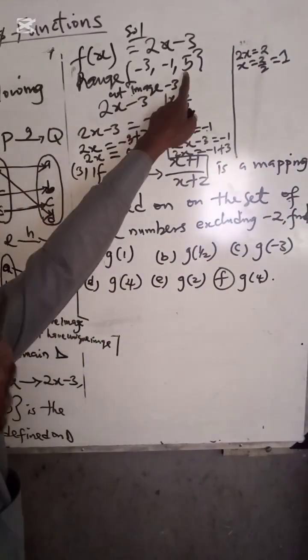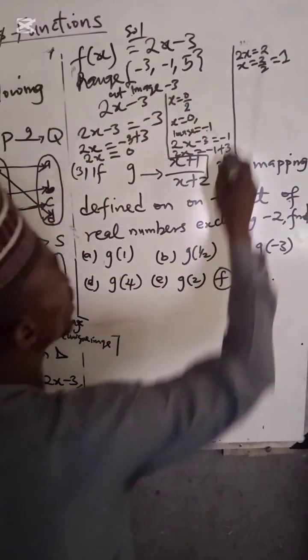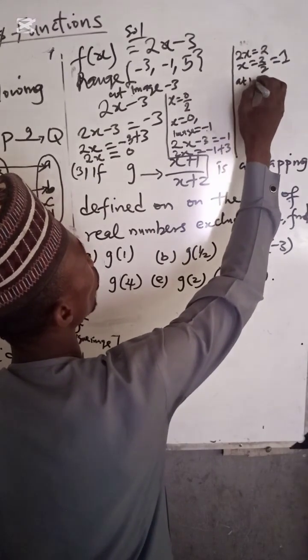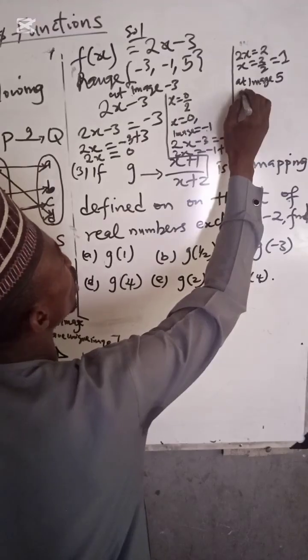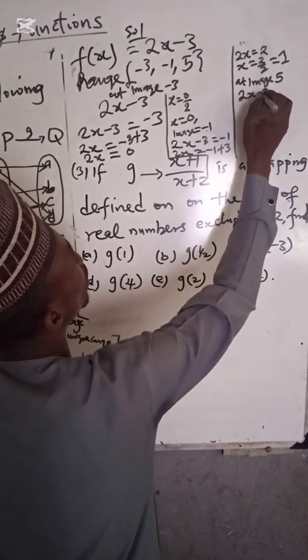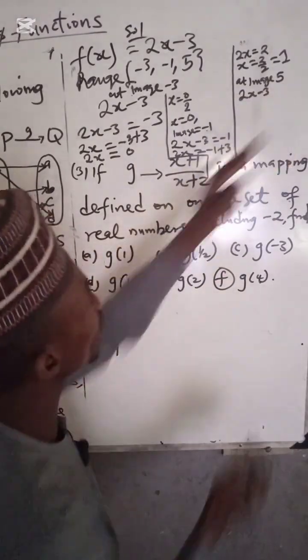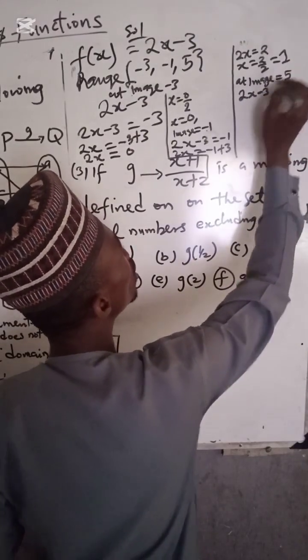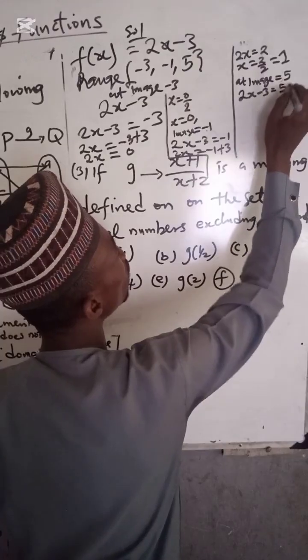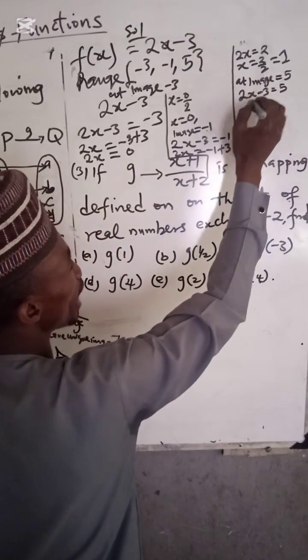The third one, at image 5, the relation is 2x minus 3. So this relation gives us an image which is equal to what? 5. So we have 2x minus 3 equals 5.